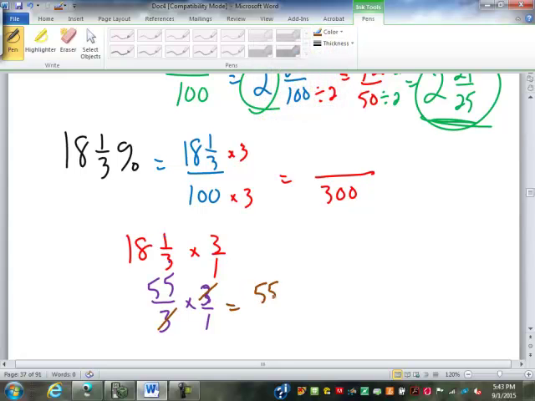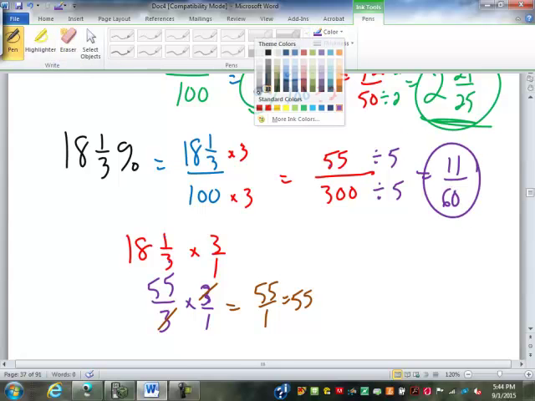So we got 55 over 1, or just 55. So on top, this is just 55 over 300. And of course, now we can reduce that by 5. 55 divided by 5 is 11. 300 divided by 5 is 60. So 11/60ths.